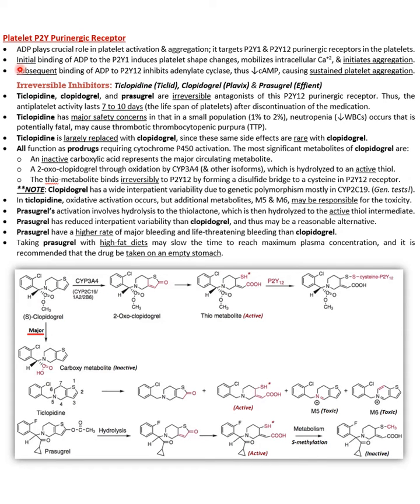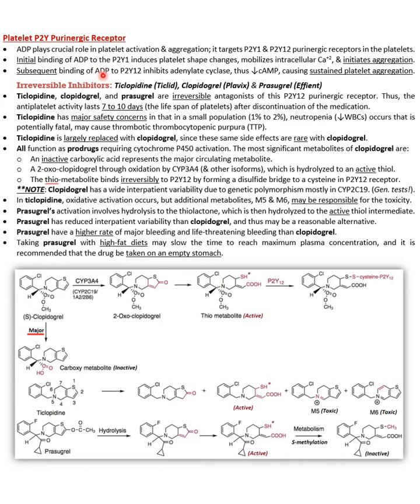So first, through the initial binding of ADP to the receptor P2Y1, a change to the shape of the platelet occurs, followed by mobilizing calcium intracellularly inside the platelets, followed by initiation of the aggregation. Like we said, P2Y1 initiates the aggregation, and then we have the binding of ADP to P2Y12, which leads to the subsequent sustained aggregation of the platelets.